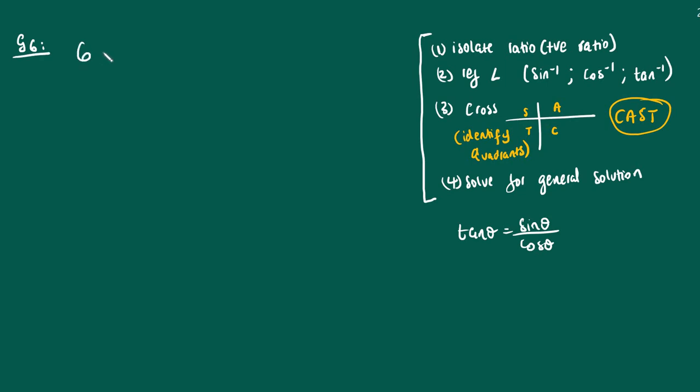Let's say you have 6 cos negative 3 theta is equal to 2 sine negative 3 theta. How do you solve that one? How do you get the general solution? You need to be very, very careful.